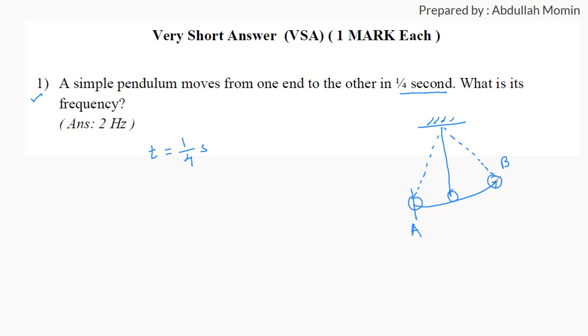And we are assuming that it will take the same time to get back to point A. And this motion is called one oscillation.